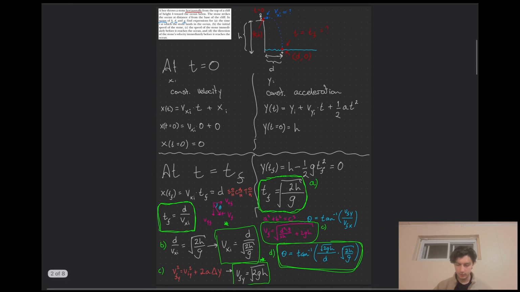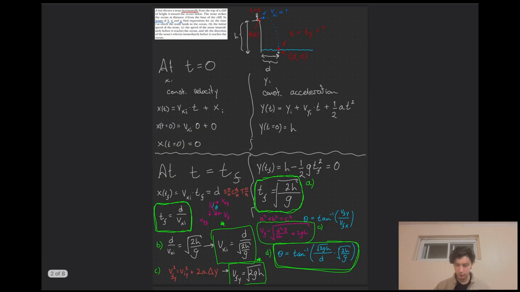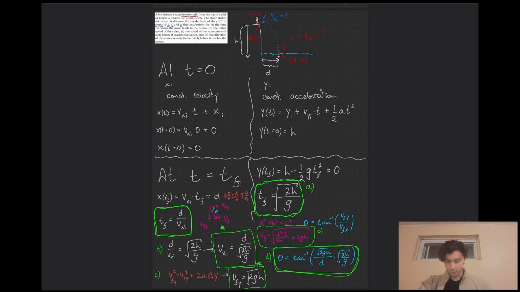So here's the one page solution to this. Let me know if you guys like the solution method. And while you guys are looking at this, I'm just going to pull up the solutions to see if I did everything correctly. So part A is t final is equal to square root 2h over g. That looks good, amazing.